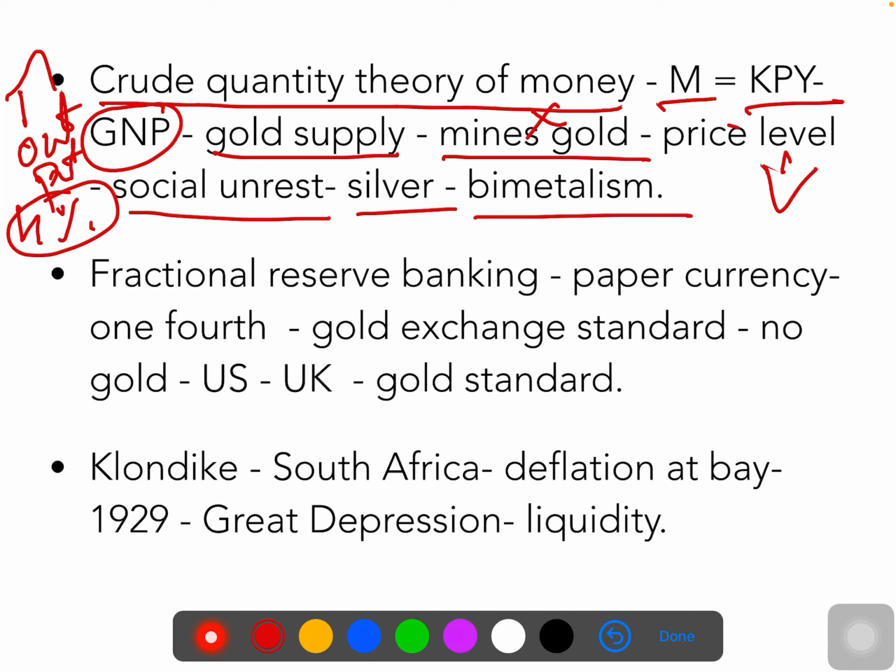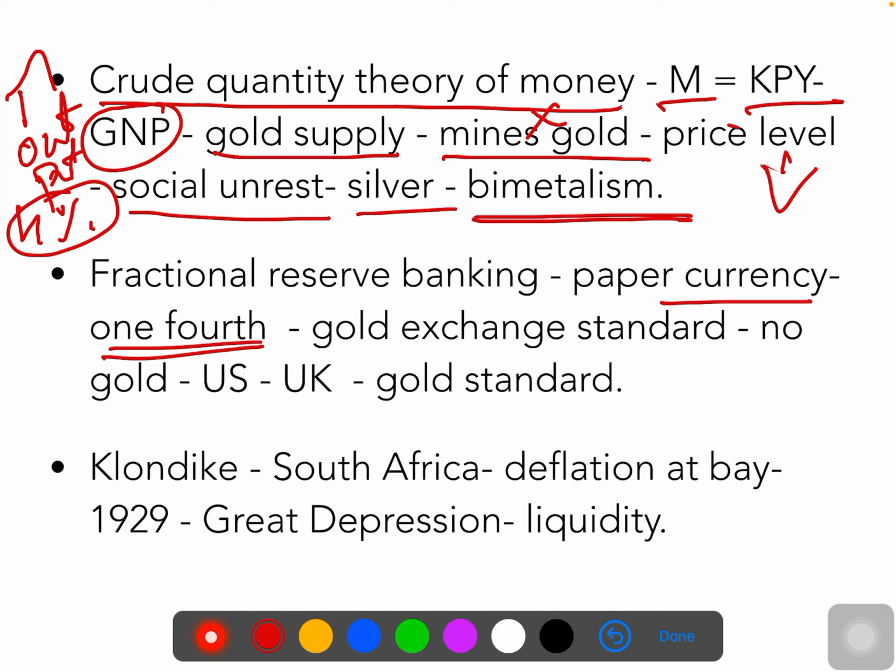Bimetallism means two metals. The two metals are silver and gold. When there was a shortage of gold, we used silver as a supplement to help the economy on gold. Paper currency was not entirely backed by gold at that time. Typically countries held 1/4 gold against their paper currency.